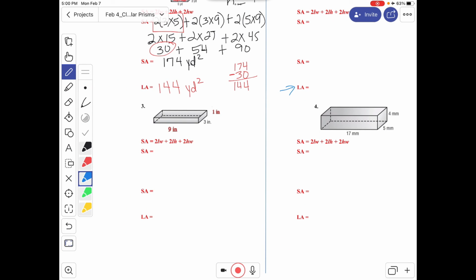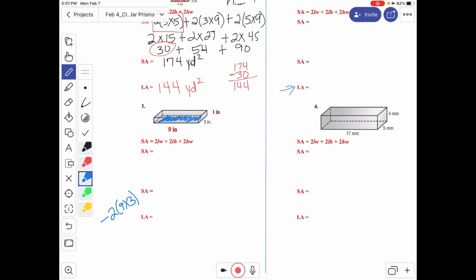For number 3, you're going to leave off the part that's touching the bottom. That would be the 9 by 3. So when you finish, whatever answer you get for surface area, you're going to take away the 9 by 3.